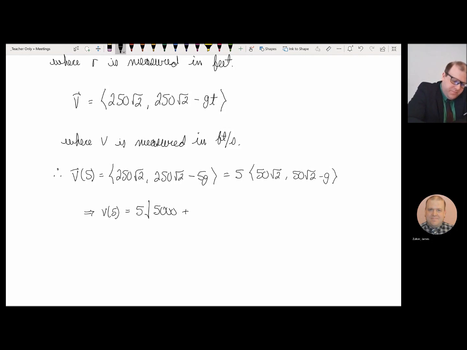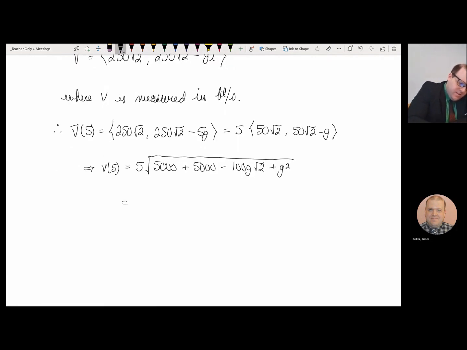So again, 5,000 minus 100g root 2. That's 10,000 minus 100g square root of 2 plus g squared feet per second.